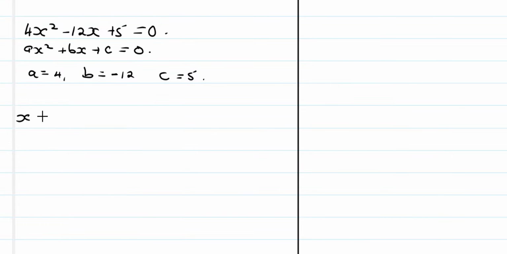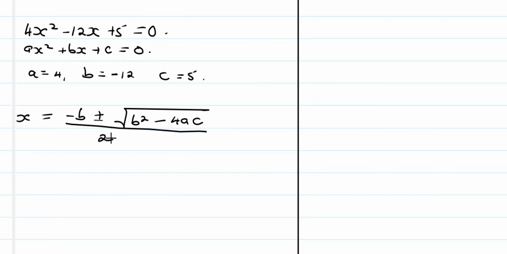So the formula, as usual, is x is equal to minus b plus or minus the square root of b squared minus 4ac, divided by 2a. But we have all the values. Since b is negative 12, multiplied by this negative it will be positive 12, so that we cancel that negative.